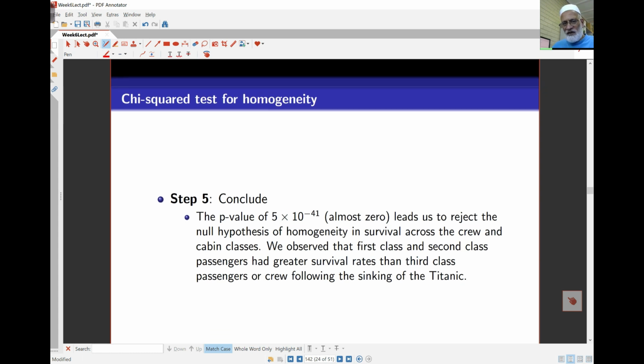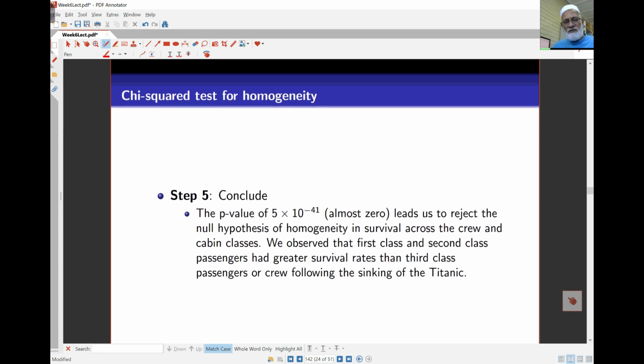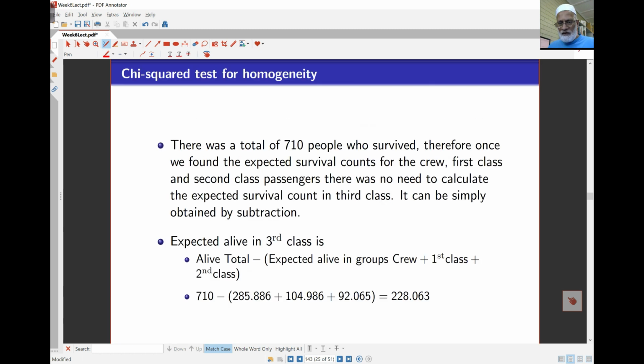Later in the lectures, we'll take a look at how we do this in R and how we can look at this more carefully. Once we decide that these things aren't homogeneous, we can decide by looking at what we call residuals again how we conclude that they have greater rates of survival than third-class passengers. So we'll see that in lectures later on Tuesday.